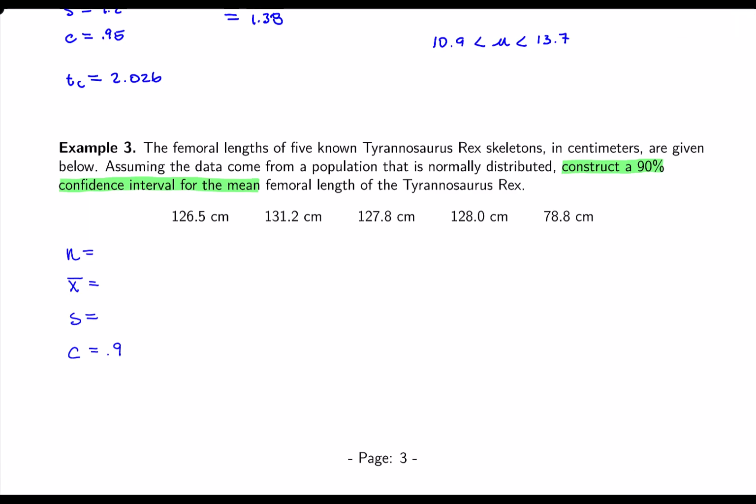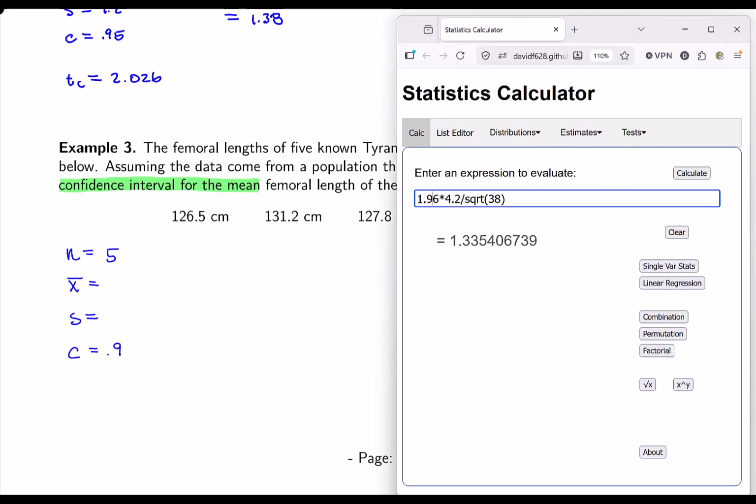We have these 5 data items, so we know the sample size, but we don't know the mean and the standard deviation. So very often problems start you off there, but they don't have to. They can just give you a set of data, and then you should know that it's your job, step 1, to figure out the mean and standard deviation, which we could do fairly easily using the stats calculator.